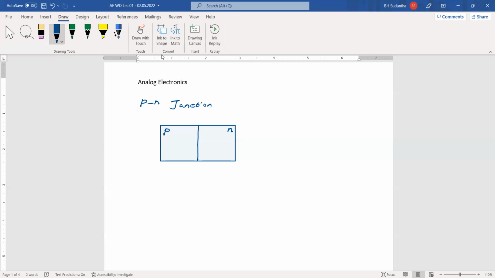If you consider p-type semiconductor, we have two types of carriers here.